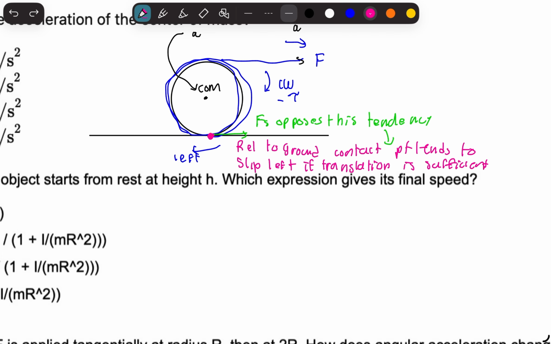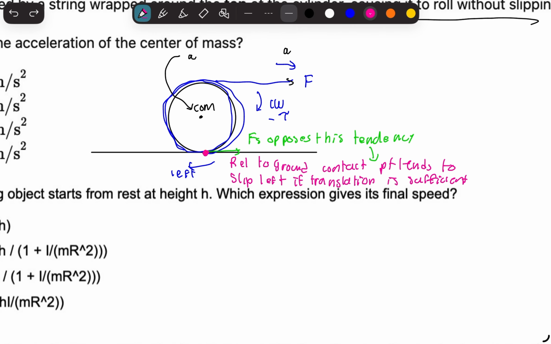Then our static friction is going to cause a torque that is going to make you want to go counterclockwise, which is a positive torque. So friction at the bottom is counterclockwise, and our force at the top is clockwise.